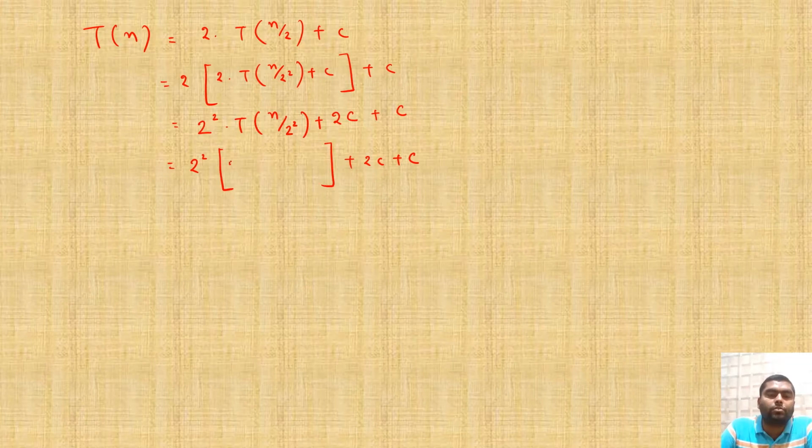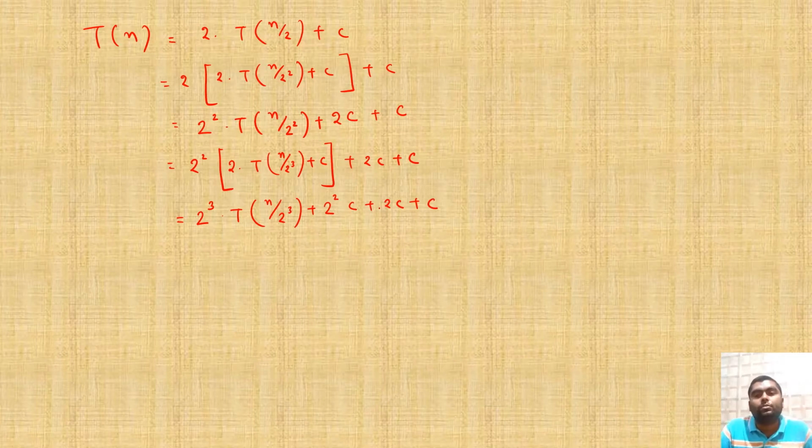So it is 2 times T of n by 4, we put n by 2 in place, so it is n by 8, and n by 8 means n by 2 raised to the power 3, plus C. Just multiply 2 squared inside, so 2 raised to the power 3 T of n upon 2 raised to the power 3, plus 2 squared times C, plus 2C, plus C. I hope that this is clear to you.